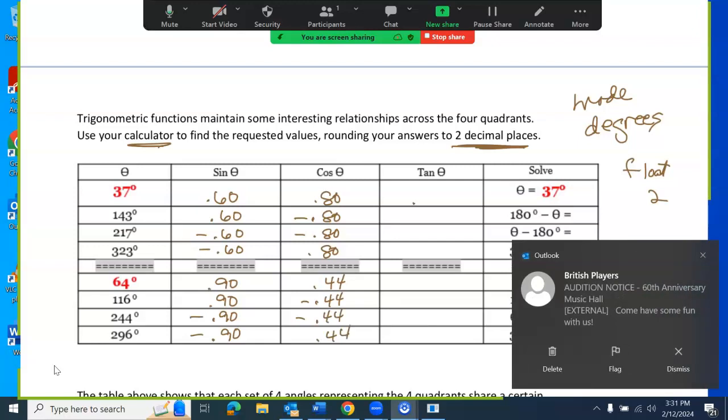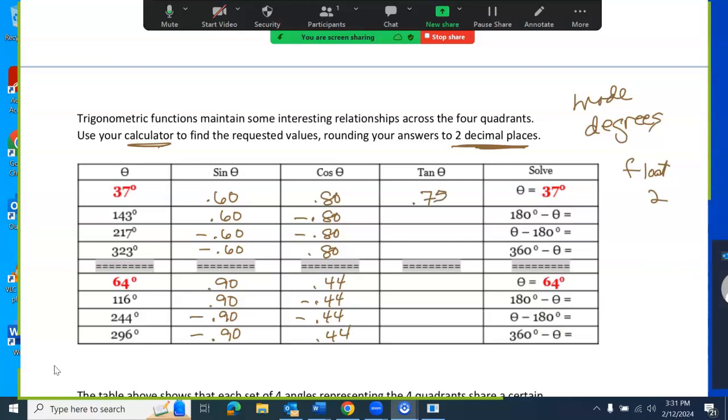Okay, tan, I have 0.75, negative 0.75, 0.75, negative 0.75. Then I have 2.05, negative 2.05, 2.05, and negative 2.05.